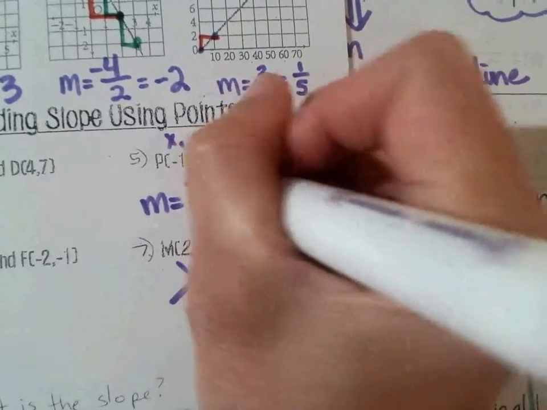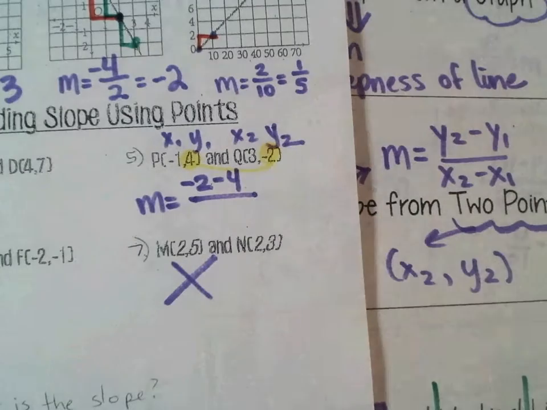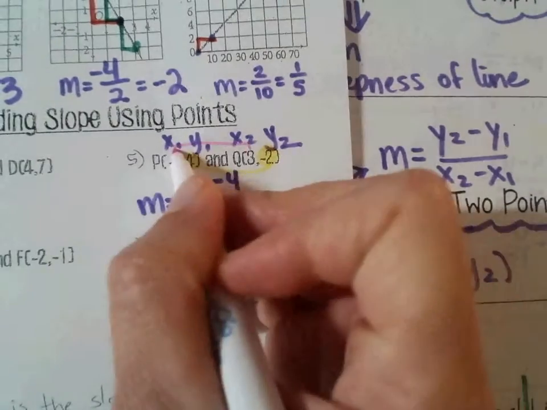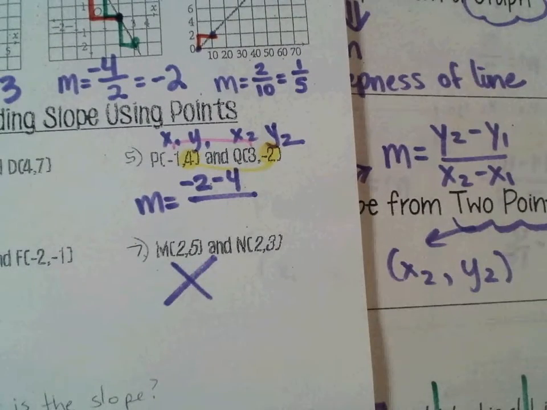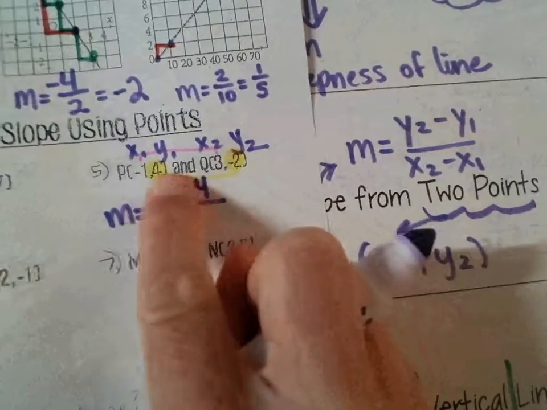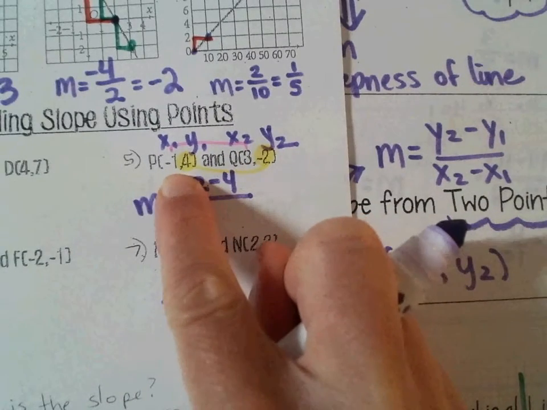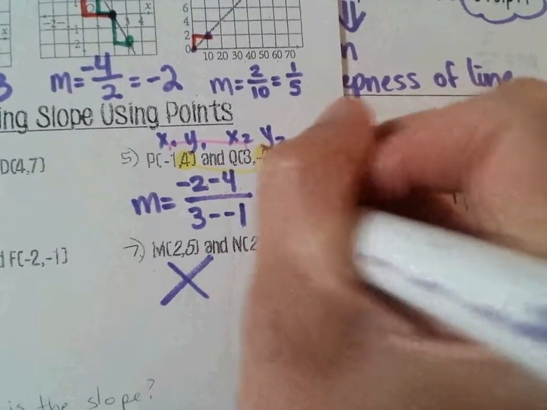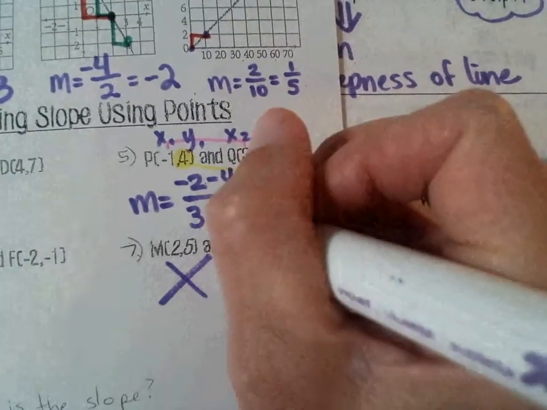So -2 minus 4, all divided by, now your x minus your x. So what would that be? 3, anybody? 3 minus -1. So be careful on your signs. What's that turn into? Positive.